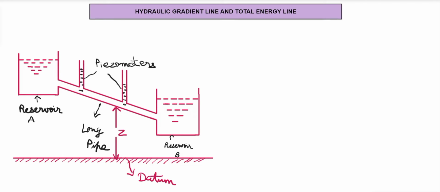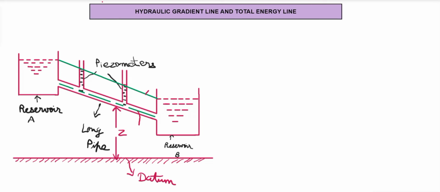The next thing we'll do is, we'll join the levels of the piezometer by using a line, we'll connect the piezometer levels with the help of a line. Like this, we'll connect it, and this line that we have got is known as the hydraulic gradient line.